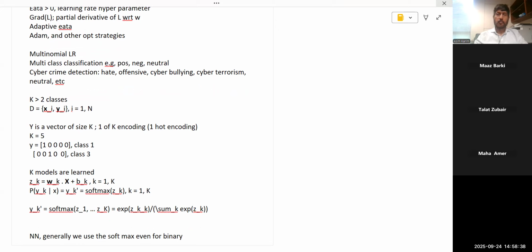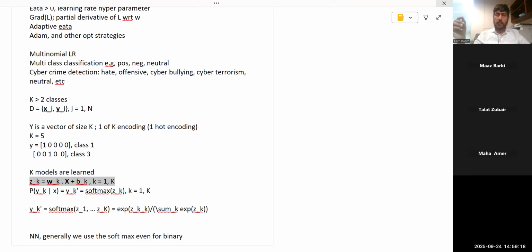So gk is basically the output of the kth model. Why is that an issue? So we saw it here. So this is the zk here, the scalar output for a single class k.